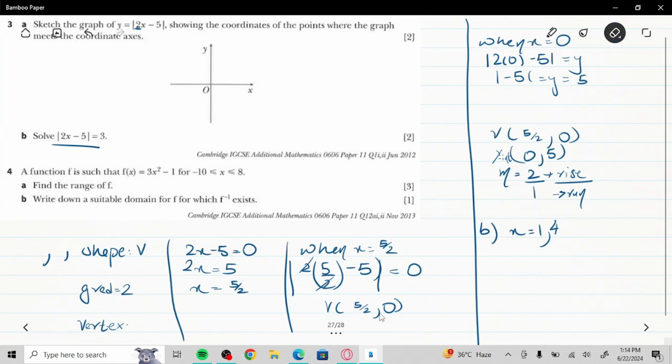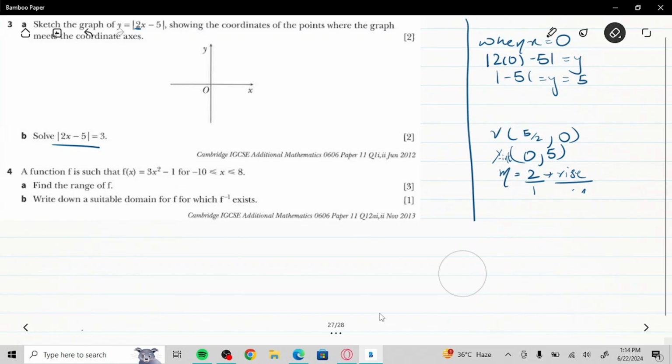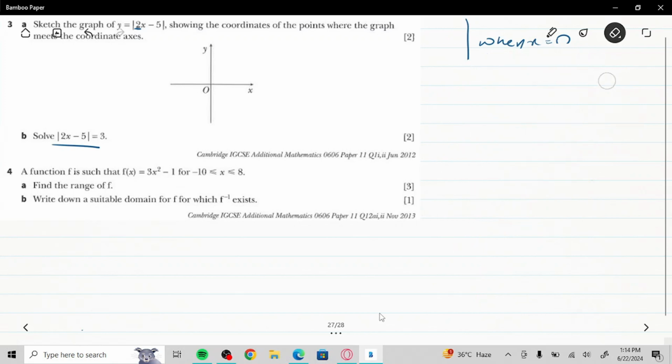And okay, so for question 4, I want you to go a little back than the modulus functions, when we were finding the range and domain of normal functions. A function is said, f(x) equals 3x squared minus 1, for x from negative 10 till 8.